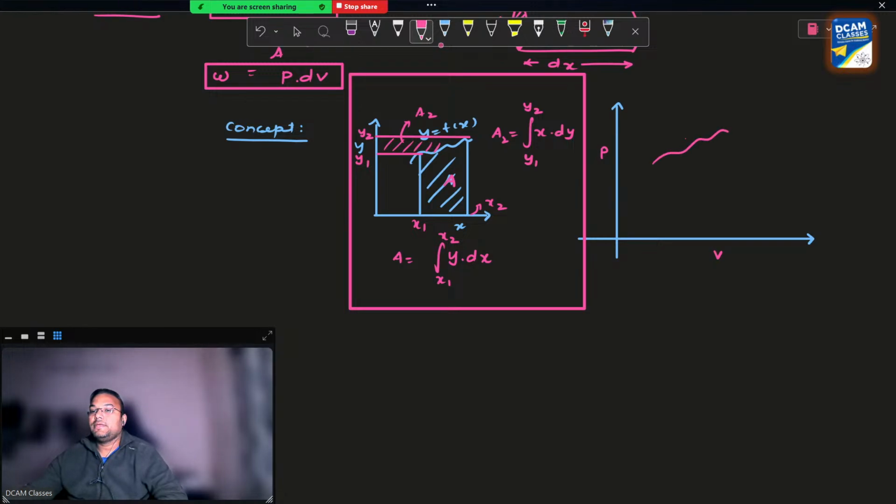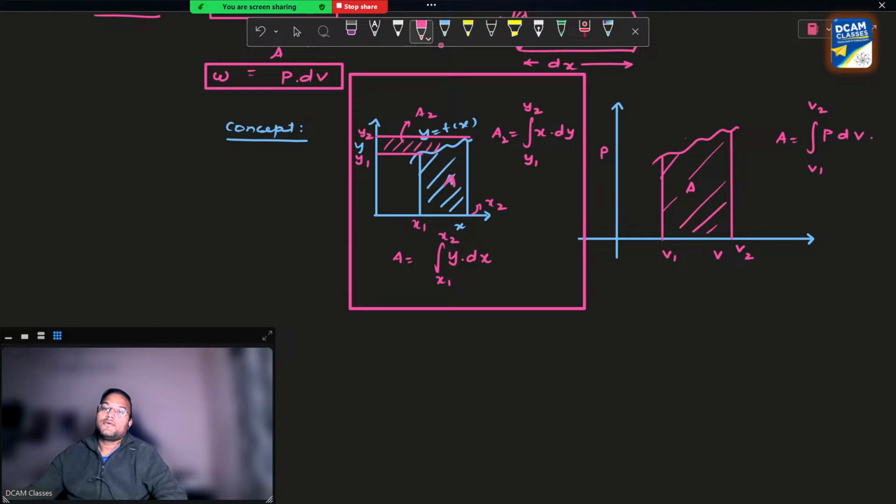Now, if I have the PV curve, can I write the area under the PV curve, which will be, this area will be, area is equal to integral P dV. I can write now. Yes, sir.